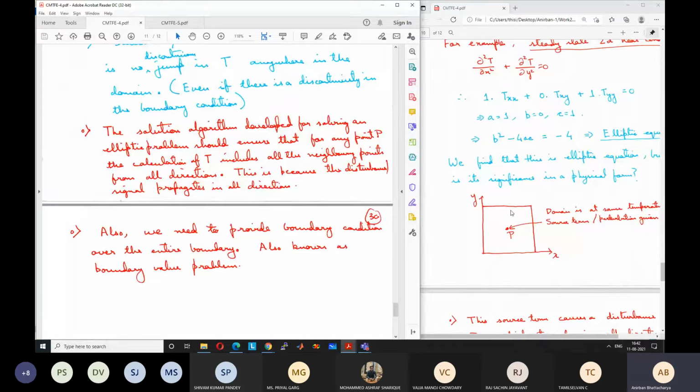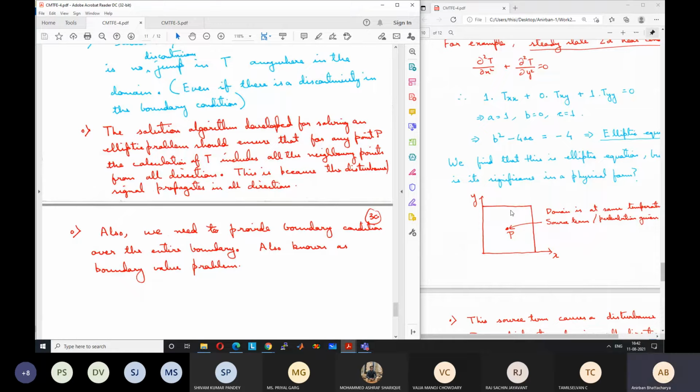This is not true for other types of problem. We'll see later that for other types of problem, we can give conditions only at one side. I should not say we cannot give; I should say that it is needed or not. In this case, a boundary condition is needed for all the boundaries.